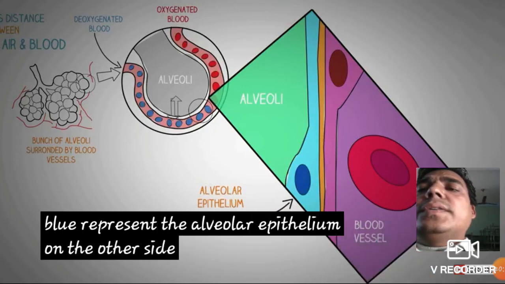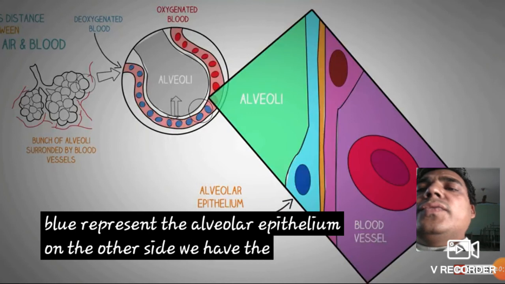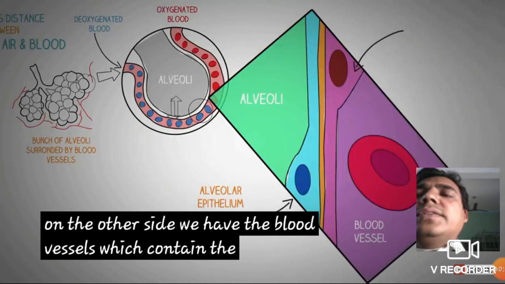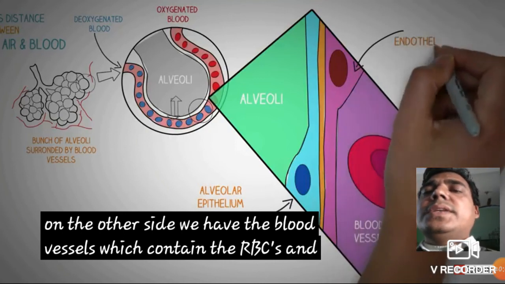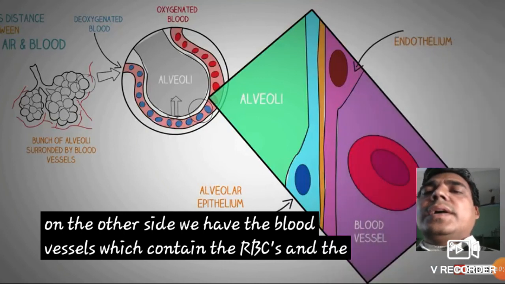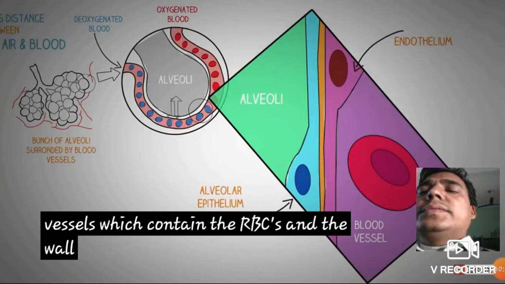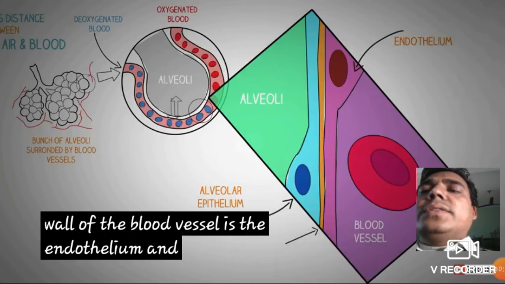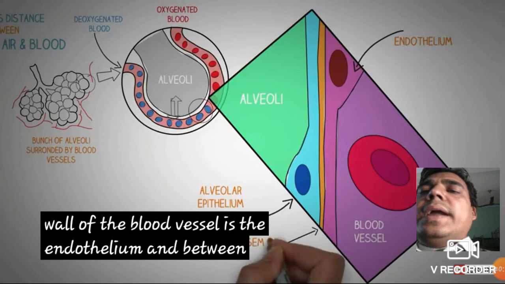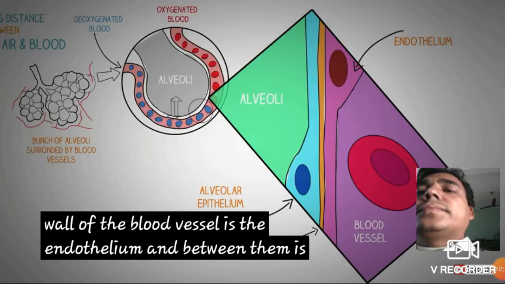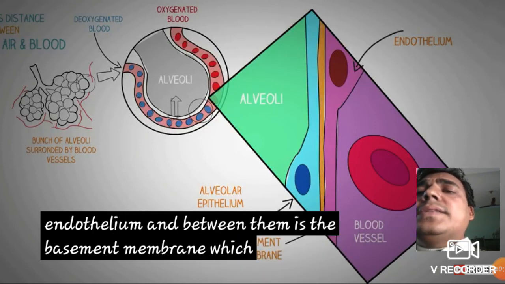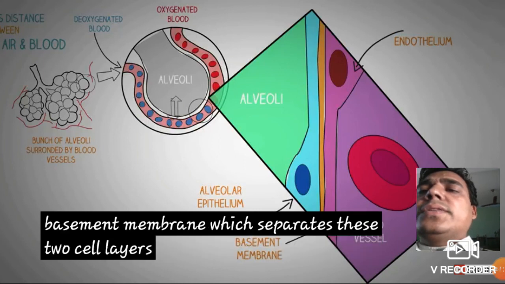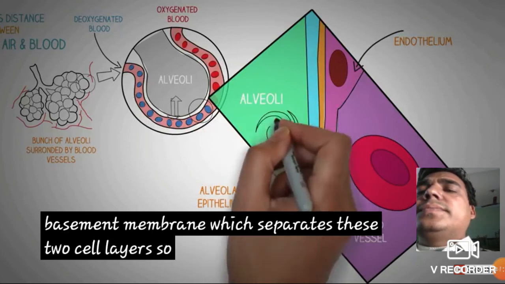On the other side, we have the blood vessel, which contains the RBC, and the wall of the blood vessel is the endothelium, and between them is the basement membrane, which separates these two cell layers.